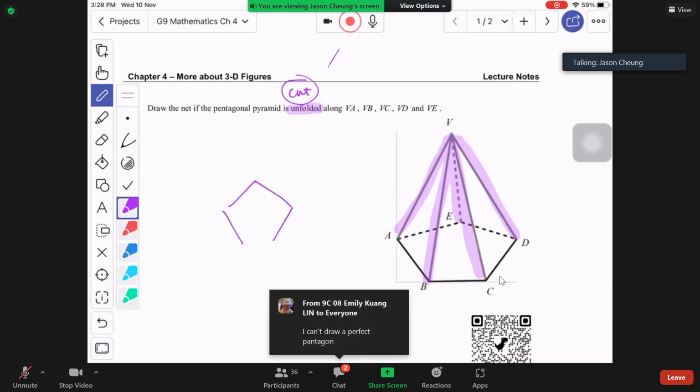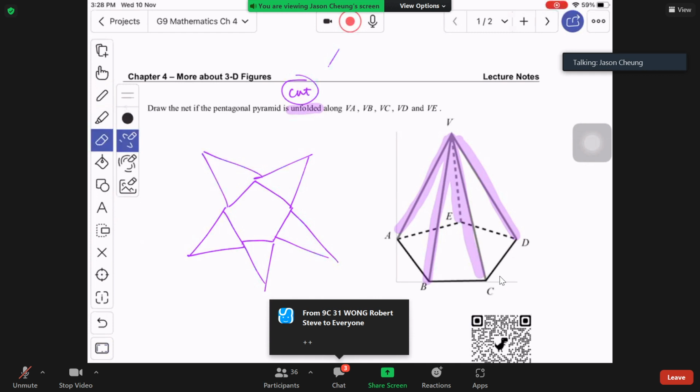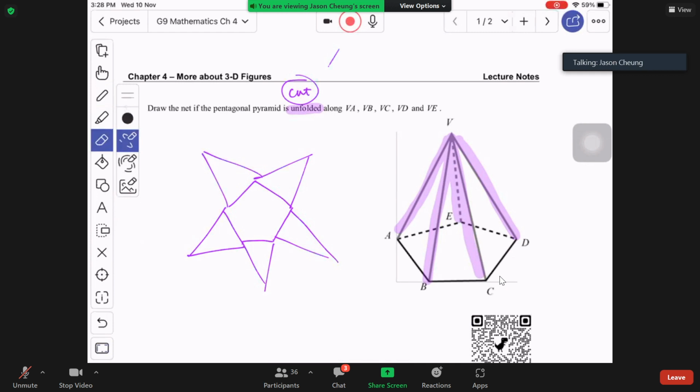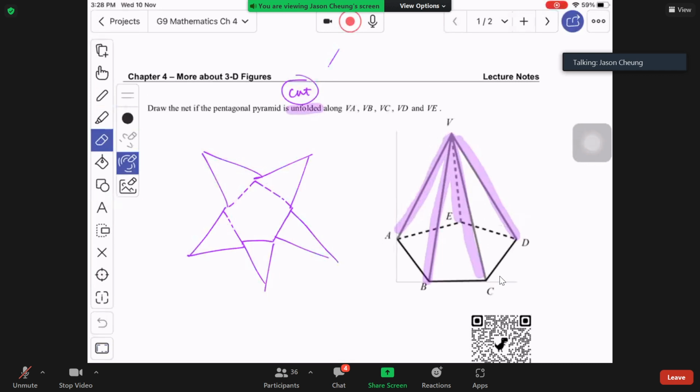Here, it should be like this. And then let me draw it better. Okay, it doesn't matter. And then one more thing, don't forget here will become a dotted line because it is just a fold of this one.